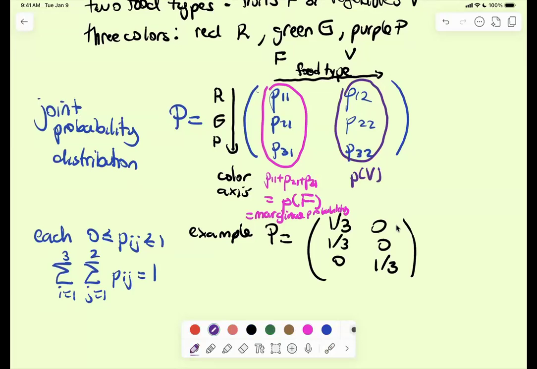So for example, if you did P11 plus P22, it has an interpretation: it would be the probability that you purchase a red fruit or a green vegetable. But it doesn't say something about just one of the separate features. Correct, it doesn't collapse, if you want to call it that.